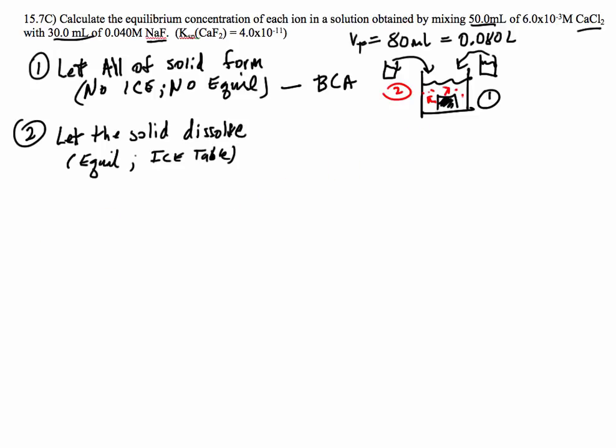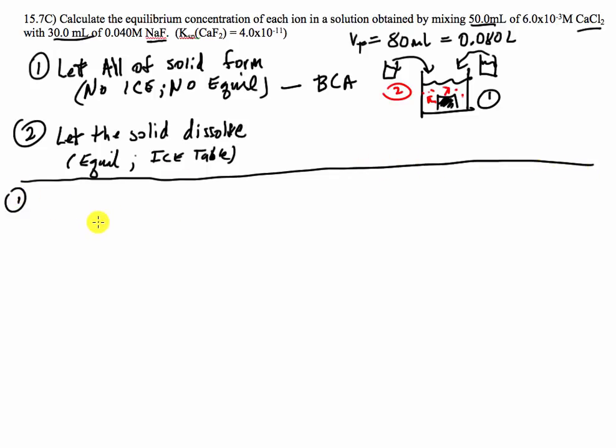Okay, so let's do this mathematically. Step 1. We're going to take the calcium ions. Because we're not doing equilibrium, I'm just doing a stoichiometry problem. What I'm going to do is let these two ions come together and create calcium fluoride solid. This is going back in time to a BCA table. And what we're going to use here are moles.